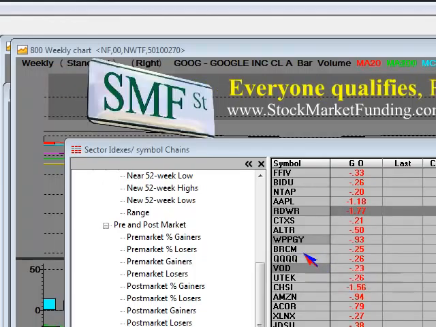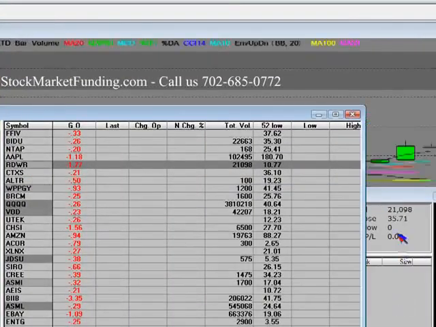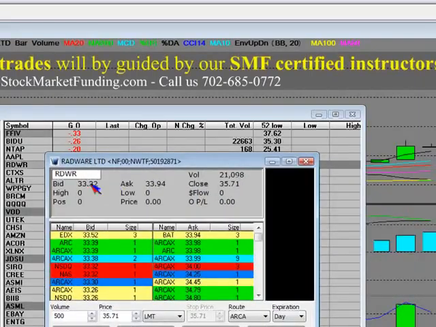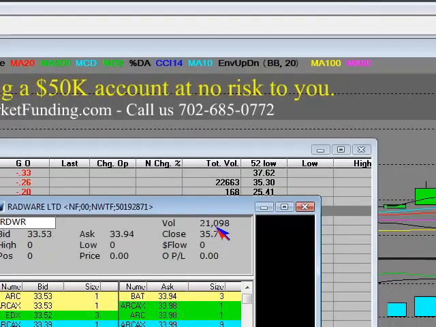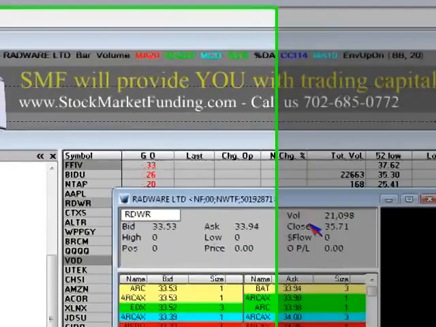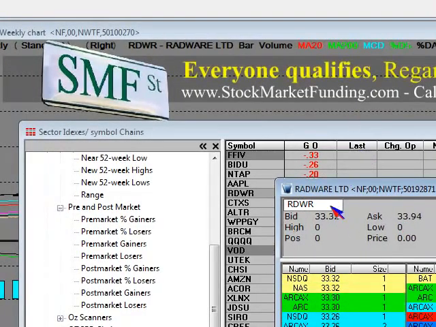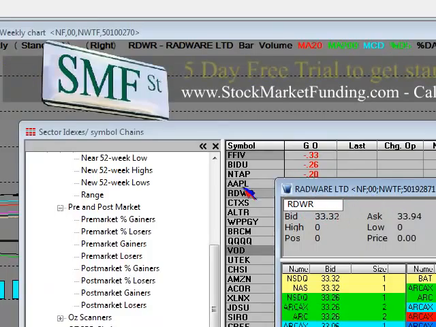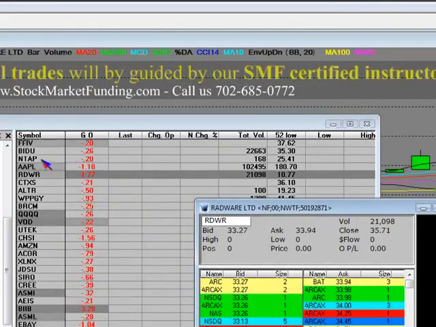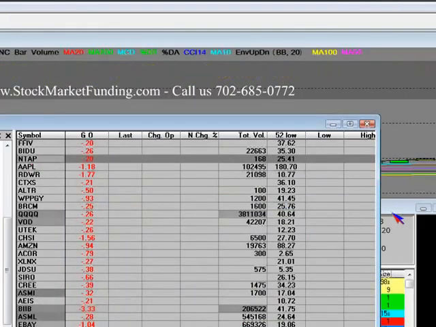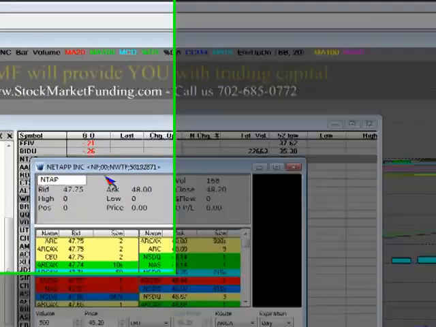Let's take a look at this one here. This one's gapping down. RDWR, 35.71. You got 21,000 shares in pre-market. The low is in here. So I want one of the MMTs to go find out the news on this one. Some of the other shorter term names, such as this one here, NTAP, put this one in here.